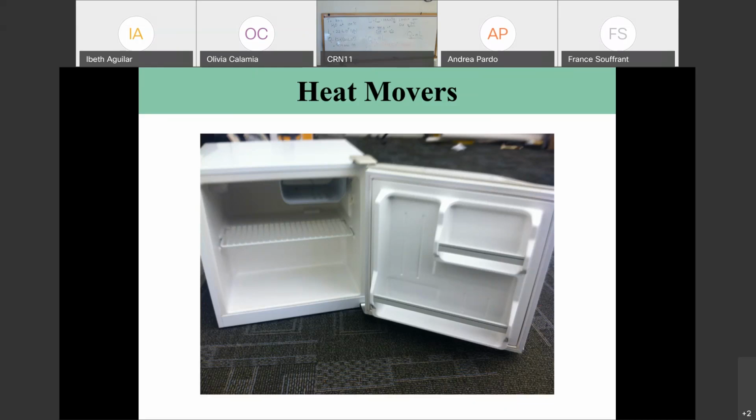So the way they work, a refrigerator, an air conditioner, is they use an input of energy. And that causes heat to flow from a cooler to a warmer substance, which is opposite to the natural flow, right?